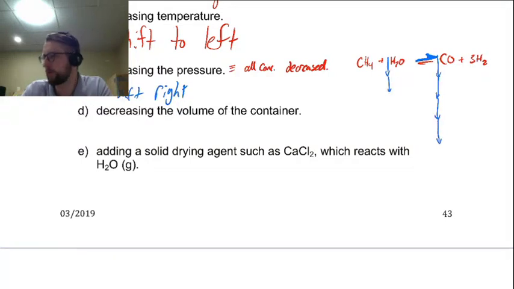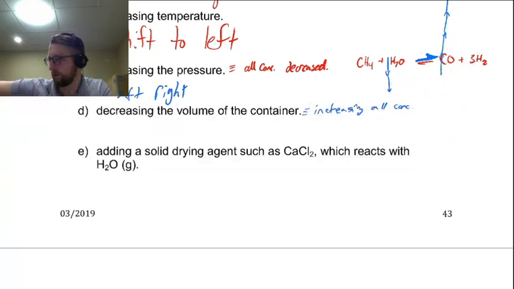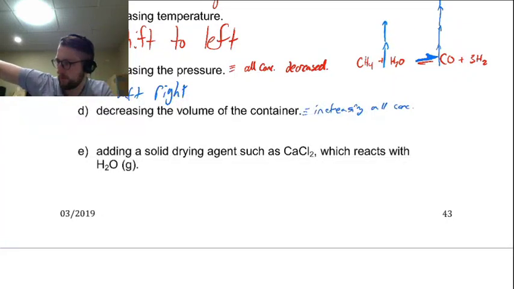Okay, decreasing the volume of the container means that you're going to be increasing all concentrations. So we can really just grab this and let's see if I can do a flip. And we can do the same thing with this other one. Okay.